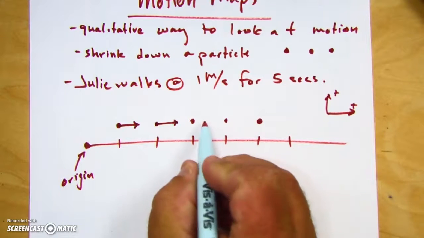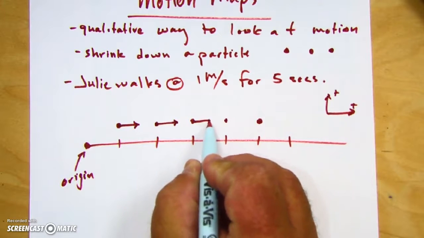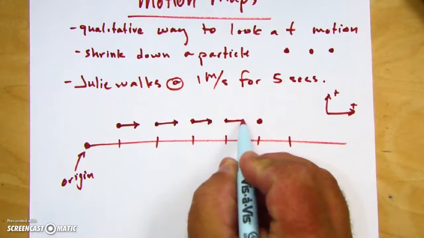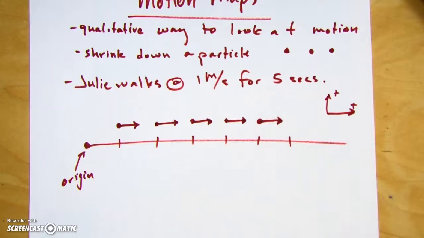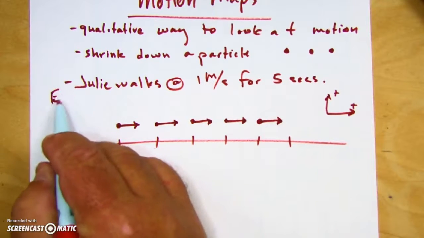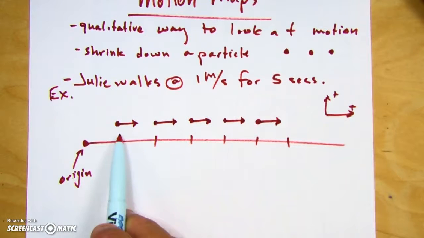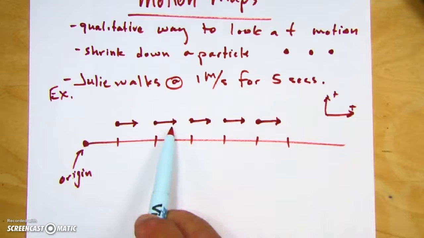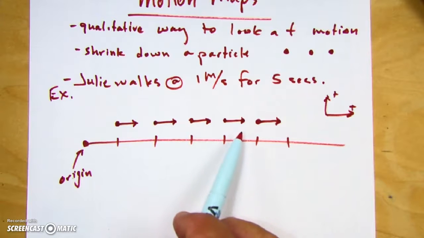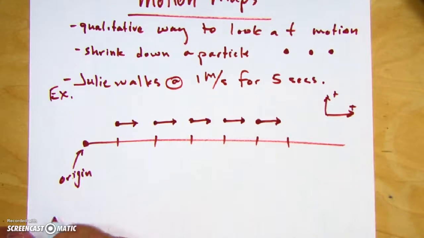Well, technically it represents her velocity, because it's telling you she's going to the right, which is positive. And that would be a motion map for that example. It simply shows that she's moving, and each unit of time she's moving at the same velocity. Okay, let's do another example and see if we can make sense of this.